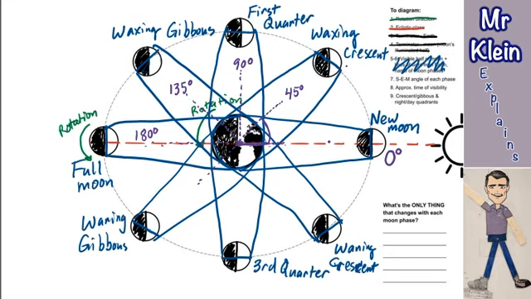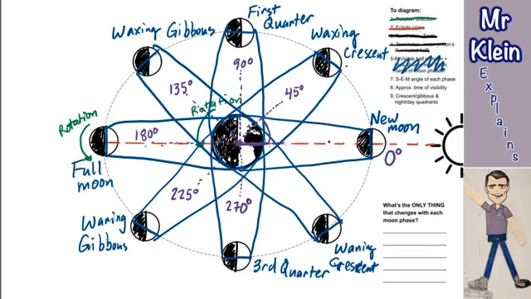So 180 plus 45, 225. 270 to the third quarter.